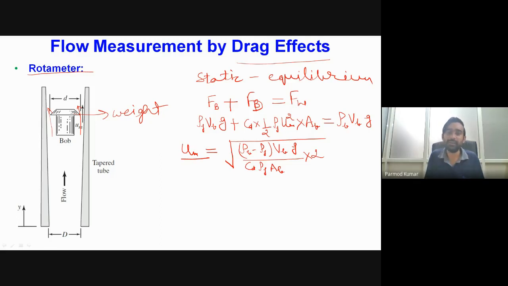So when we have this velocity um in the annular flow area, only then will our floating object be in the equilibrium or static position. And apart from that, if our flow velocity is more or less than this value of um, then we will have either upward or downward motion of this floating object.